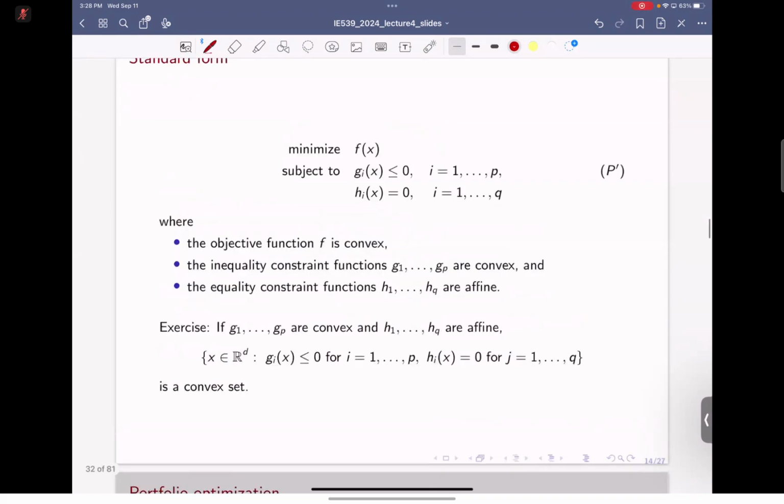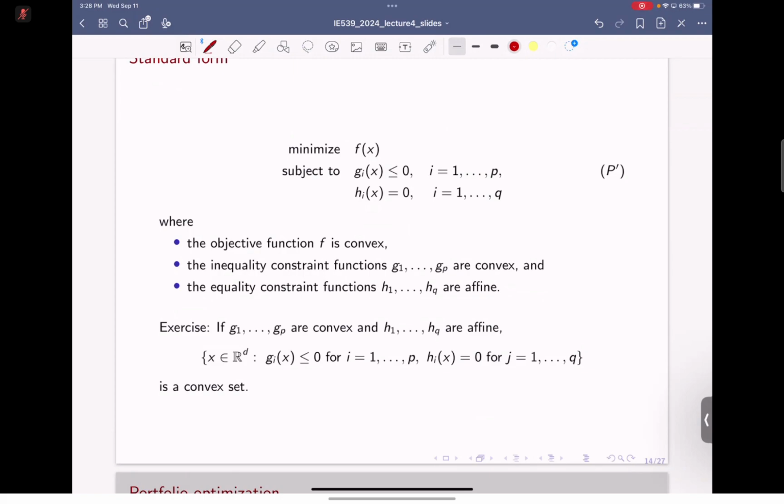And you can prove that the set of solutions satisfying all these constraints is actually convex. But you can also find an example where if you change some inequality to an equality, then you get a non-convex set.